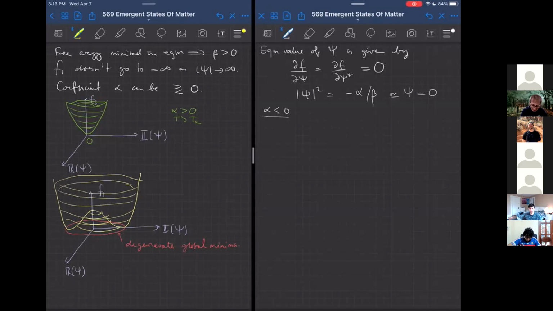And if alpha is negative, then I can have the solution psi is equal to the square root of minus alpha over beta, but the phase is indeterminate.